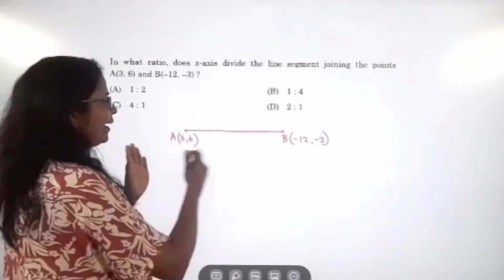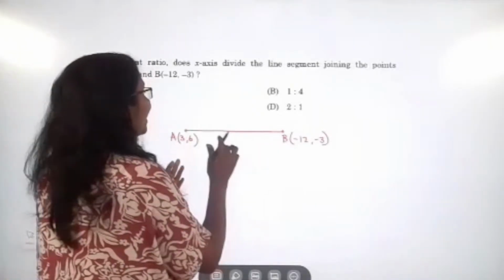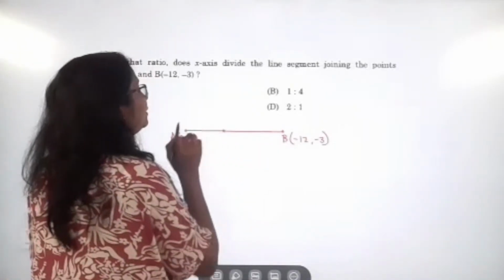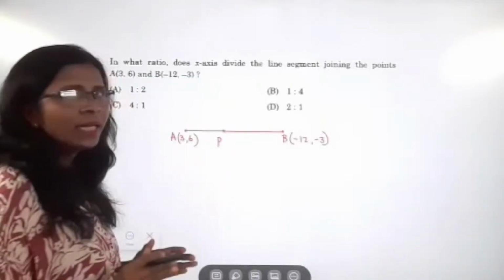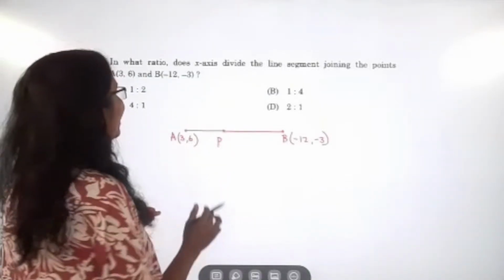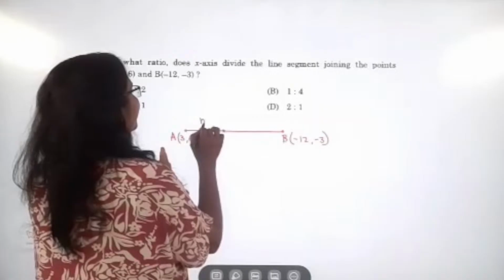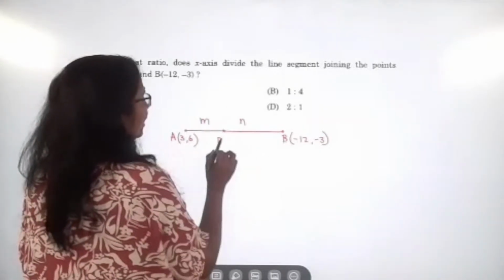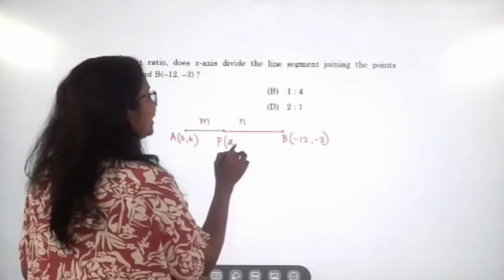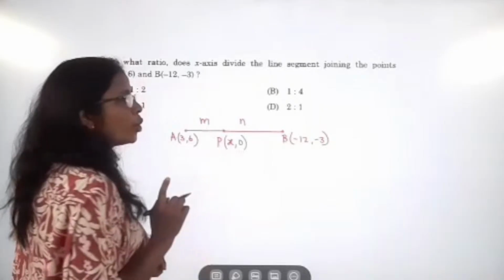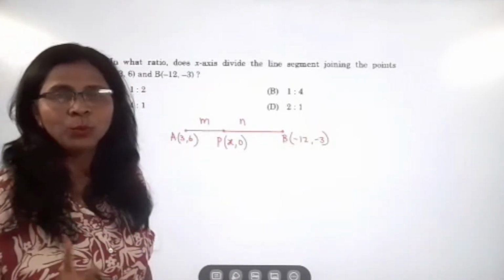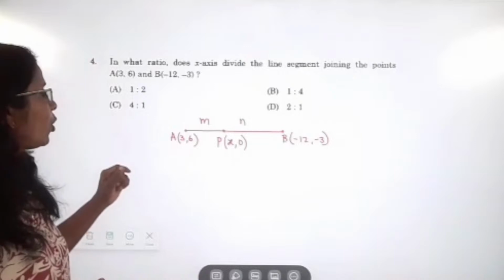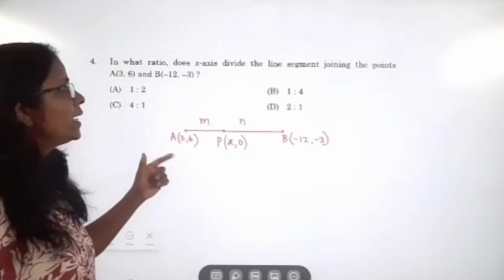That means, students, there is a point P on the line segment. Suppose there is a point P which divides this line segment into m is to n, and the coordinate of this point will be (x0, 0).